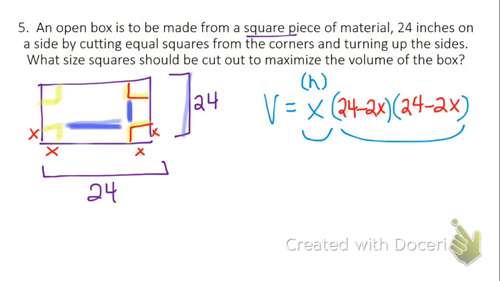After you get your equation, you'll find the derivative. You'll set it equal to 0. This one can be factored, or you may use the calculator if you need help finding those zeros. The final answer, what you should get, is that the x should be 4 inches that you're going to cut off of the sides. And it doesn't ask you the volume, so the x value is enough.